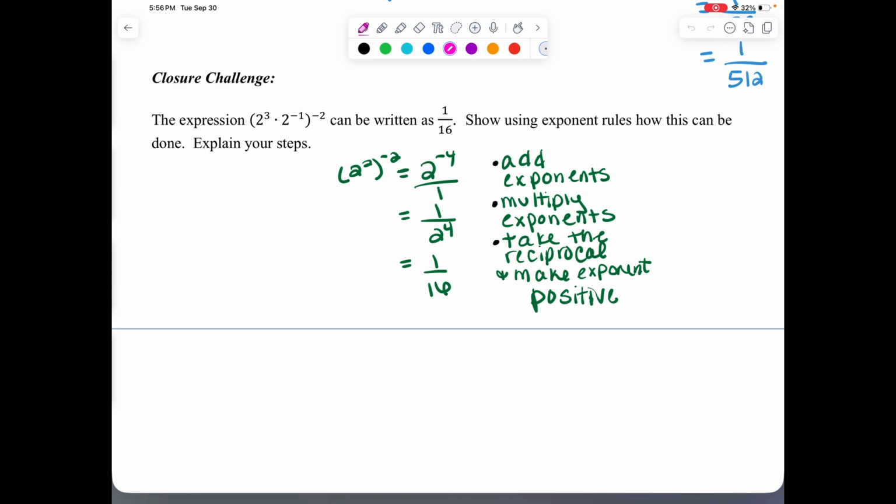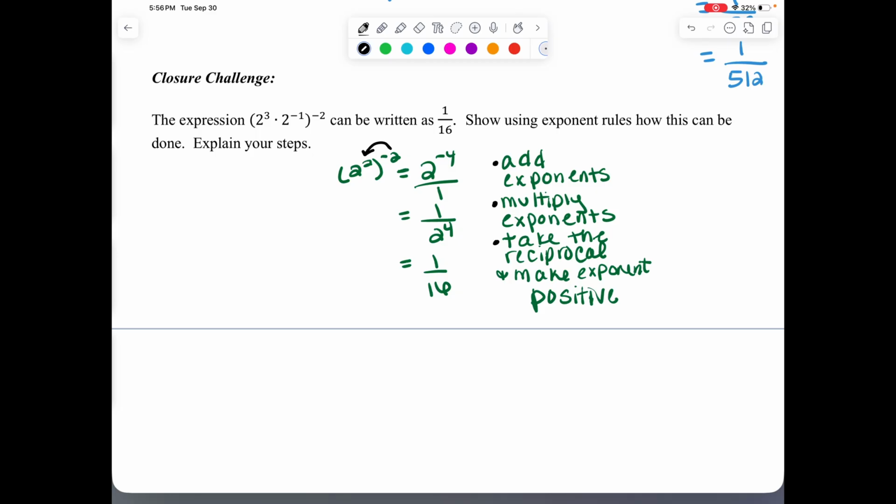So the next thing we will do is do power to a power as our exponent rule. We're going to multiply 2 and the negative 2 because that's the power to a power rule. So I would get 2 to the negative 4th because 2 times negative 2 is negative 4. We now know because of negative exponents that we are going to write the base as a fraction.